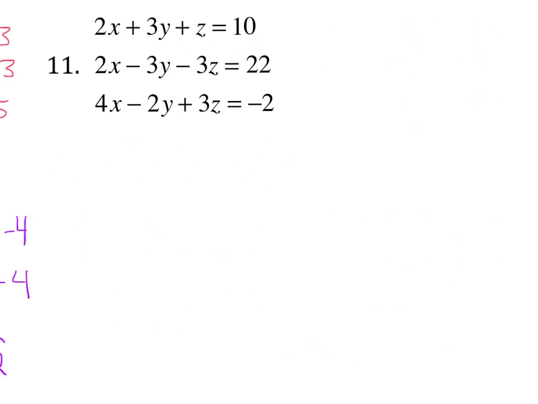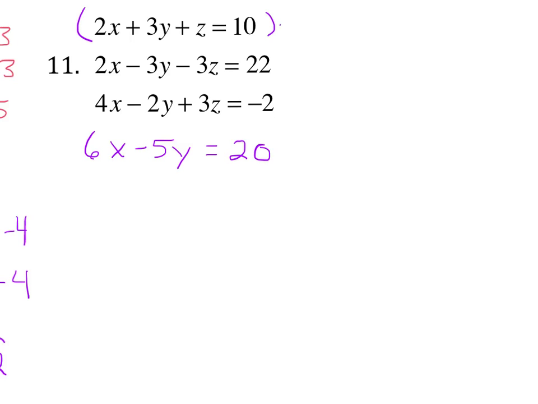In our next problem, we want to take a look at all three variables and decide out of all three which one is easiest to eliminate. So it either looks like x or z would be the easiest to eliminate, and I am going to choose z. So I'm going to add the first two equations together to get 6x minus 5y equals 20. And since I haven't used the top equation yet, I have to use it.